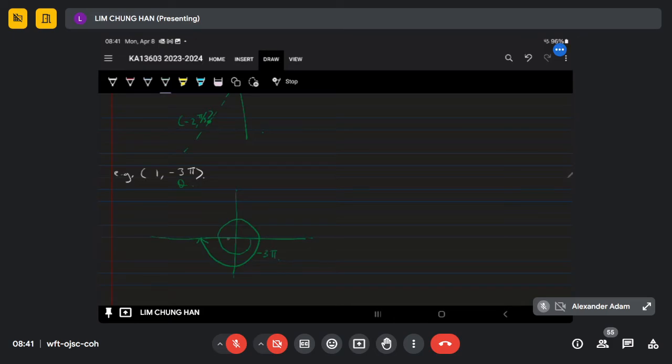So your line is along there, the horizontal axis. Okay, and then the radius is 1. So from the origin, you measure a distance of 1. Therefore, that is your 1, -3 pi.